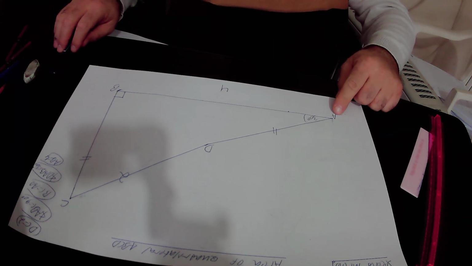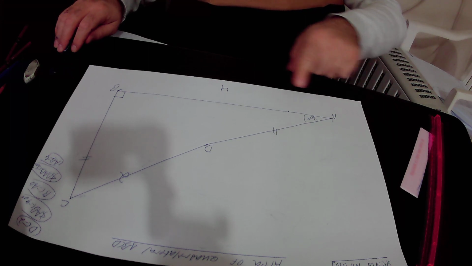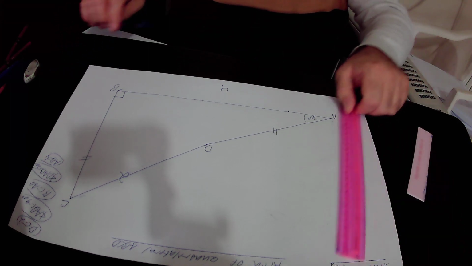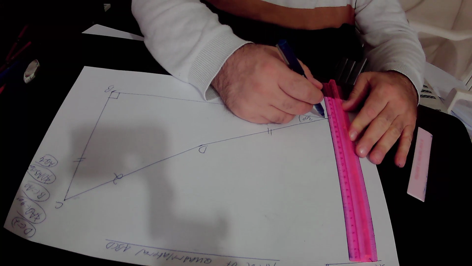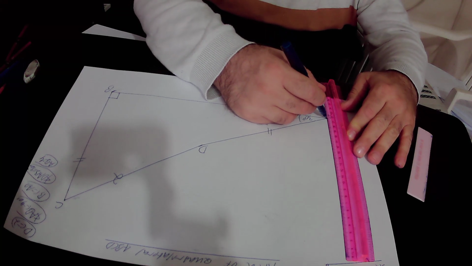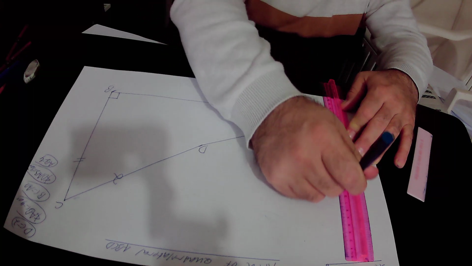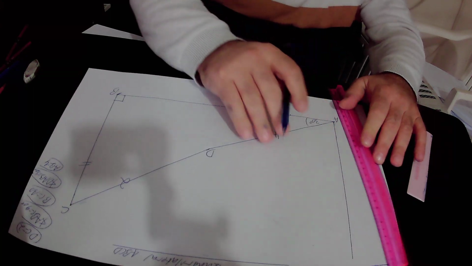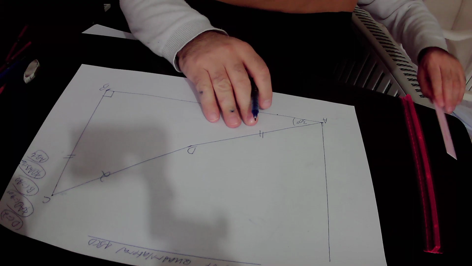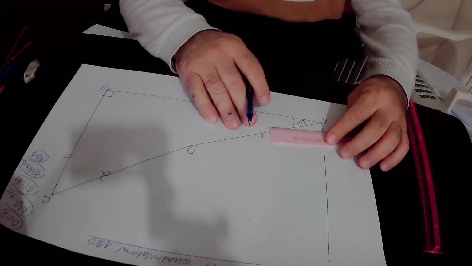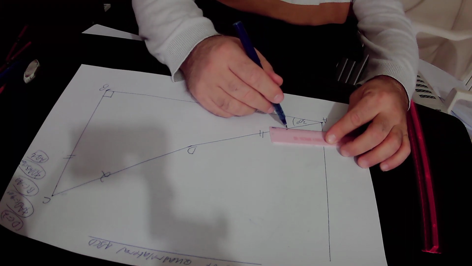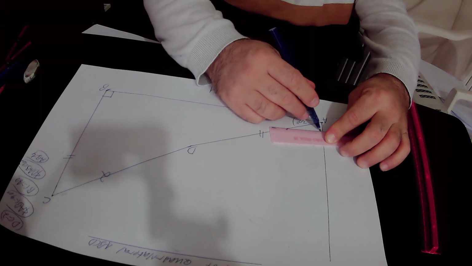From point A, we will draw a perpendicular to AB. So this angle will be a right angle, that is to say it will be equal to 90 degrees.